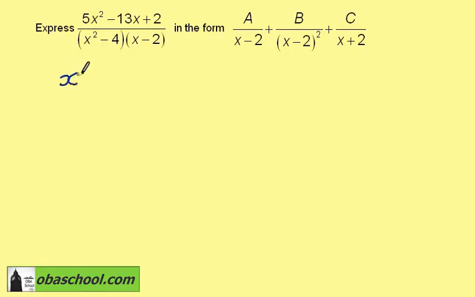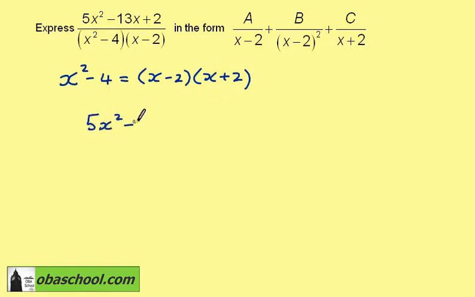If we look at x² − 4, we might think that this is not a linear factor. x² − 4 is a quadratic. However, it's a difference of two squares, and we know that this factorizes to give (x − 2)(x + 2).